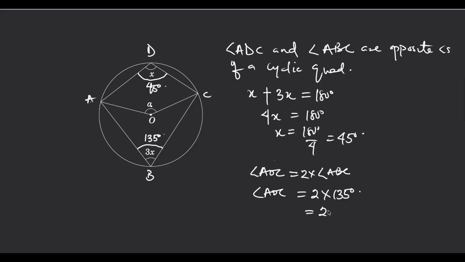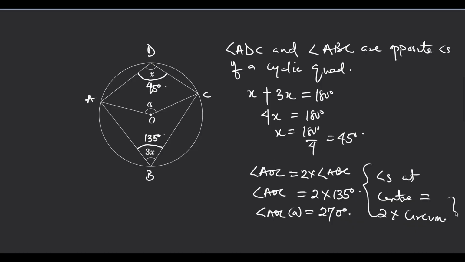That is equal to 270 degrees. So which means your angle AOC, or small a, is equal to 270. And the reason is because the angle at the center is equal to 2 times the one at the circumference.